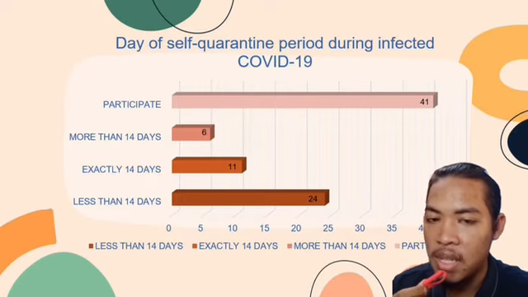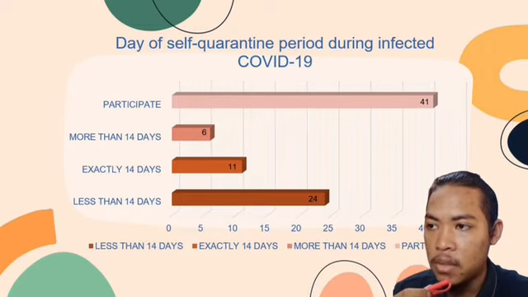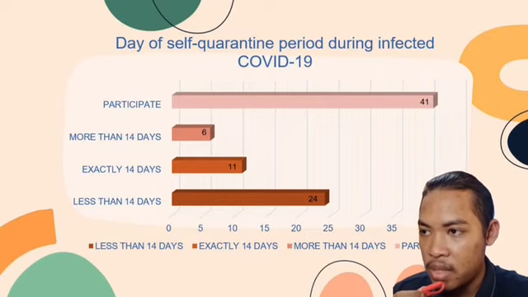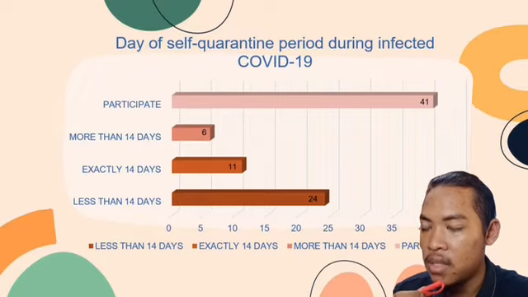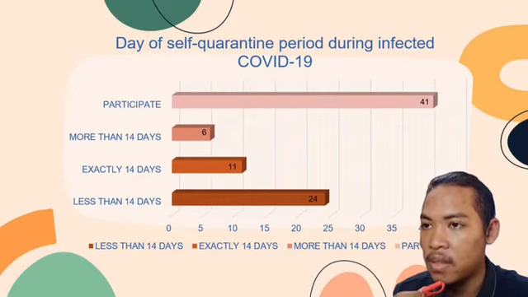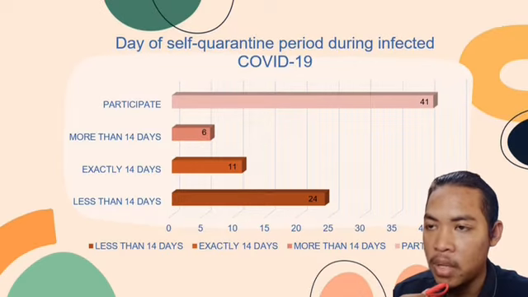And lastly, less than 14 days. The graph shows the participants who self-quarantined in less than 14 days, which is 24 participants from 41 participants in our survey.